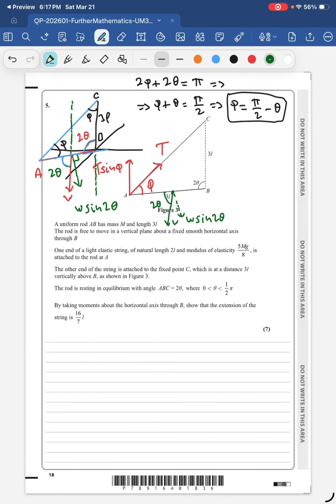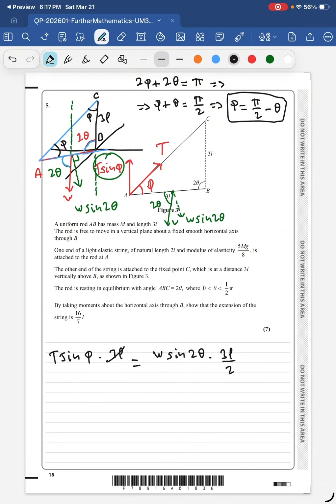All right, so to take moments, we take T sine phi times 3L is equal to W sine 2 theta times 3L over 2, since the center of mass is in the middle of the bar, right?